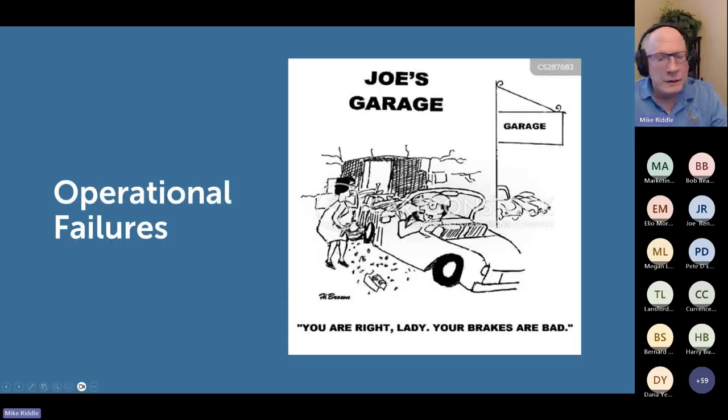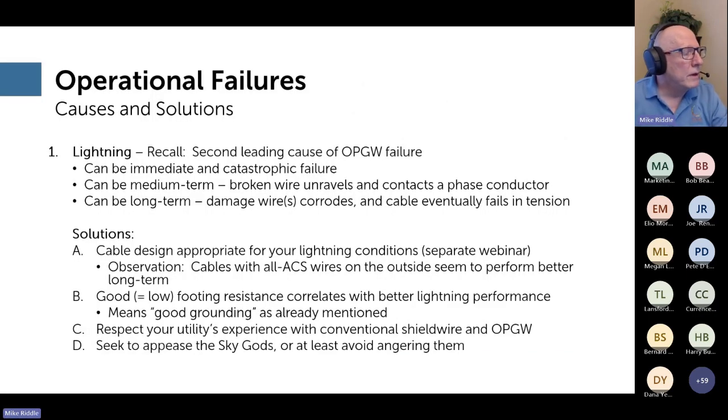Okay, so we've done all of our installation failures. Now we'll talk about operational failures. So first up, lightning. You'll recall from the first slide that it was the second leading cause of OPGW failure, and it might be an immediate catastrophic failure. I mean, it literally burns through the cable.